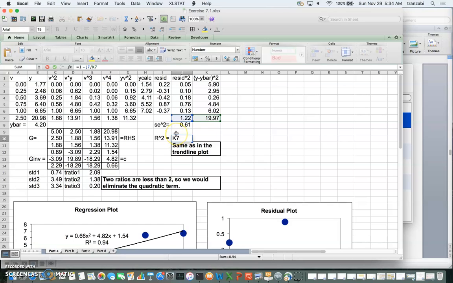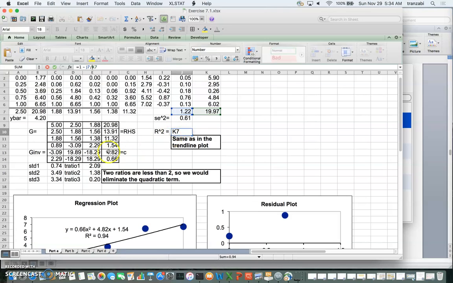Okay, so now we can go ahead and calculate the G inverse SE, which, if you remember, was the sum of residual squared divided by the degrees of freedom. For degrees of freedom here we have 5 data points minus 3 model parameters, which is 2.